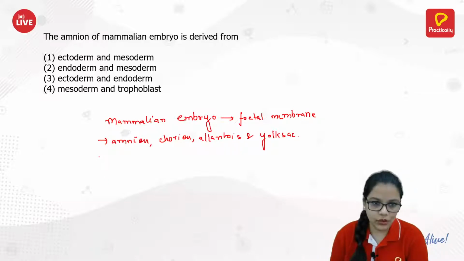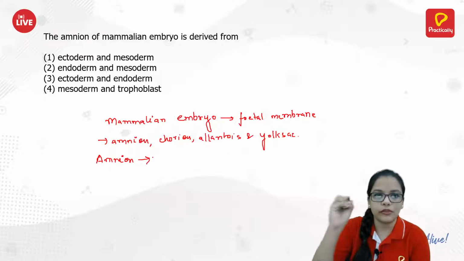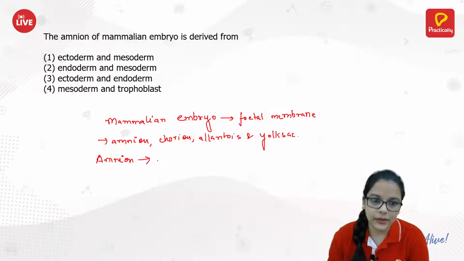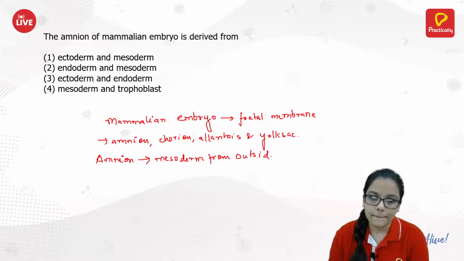Now, the amnion is basically made from mesoderm from outside and ectoderm from inside.